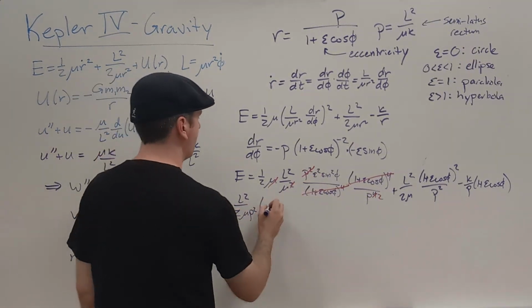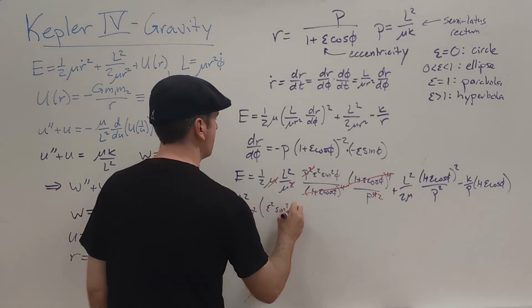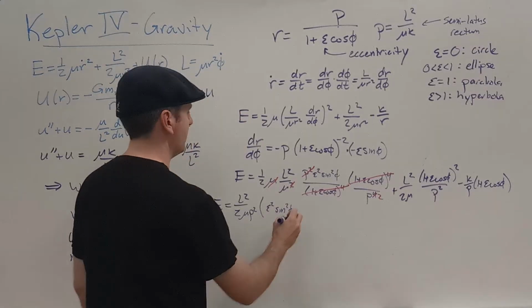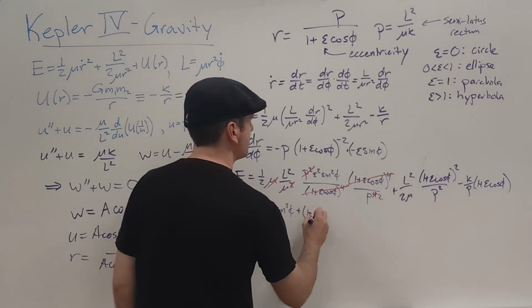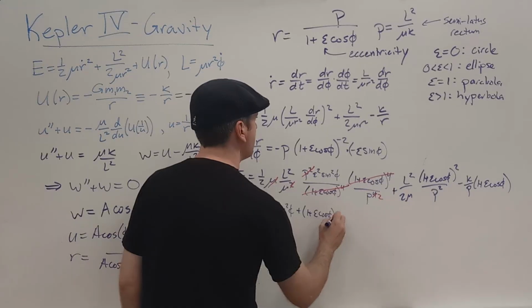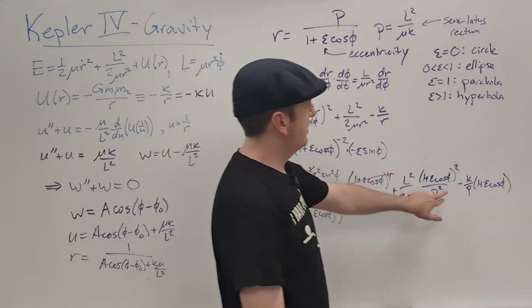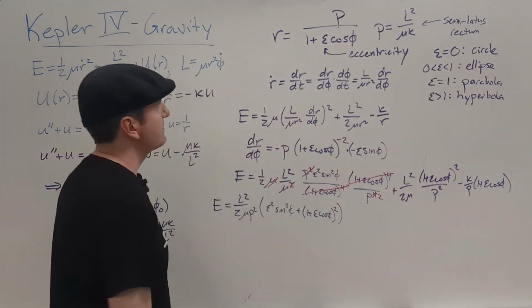This term, however, is going to have an epsilon squared sine squared phi. This term is going to have 1 plus epsilon cosine phi squared. And then there's this term, but let's rewrite it as well.